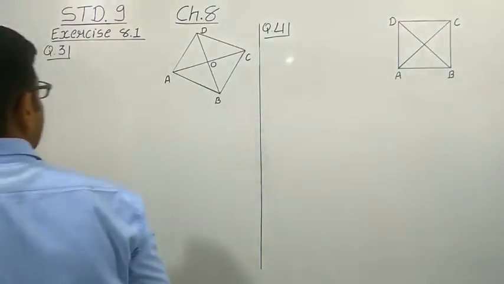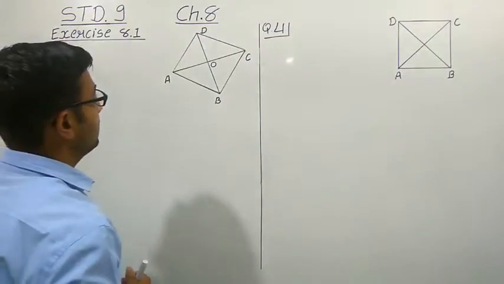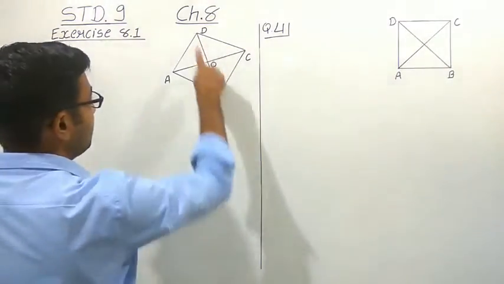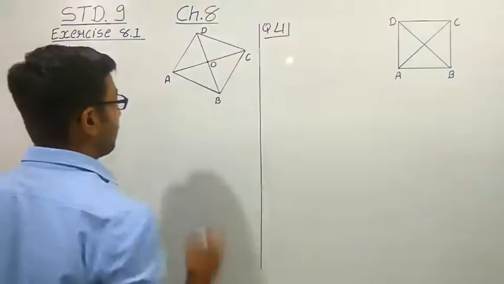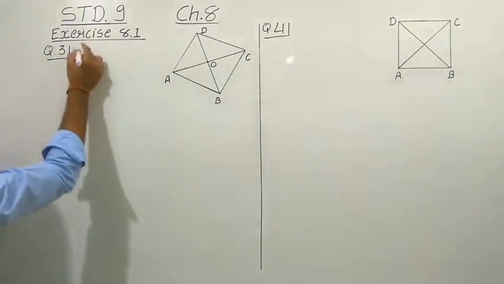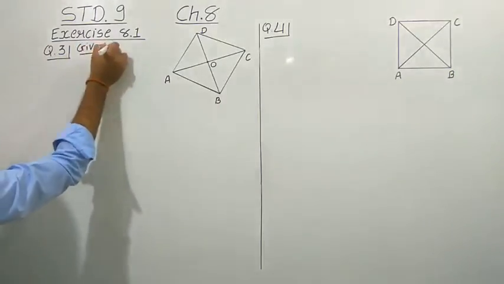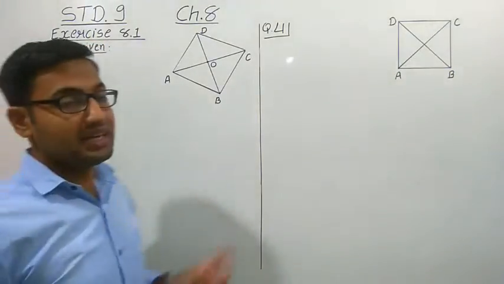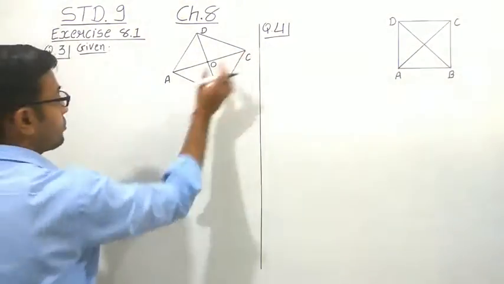So here we have taken a quadrilateral ABCD and its diagonals are AC and BD. Both are intersecting at a point O. Here one of the given conditions is that the diagonals bisect each other. Bisect each other means AO and OC are equal.